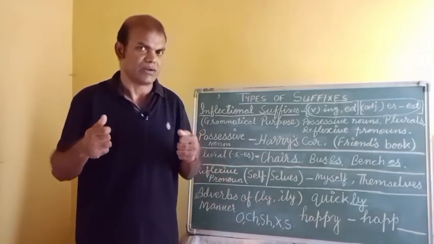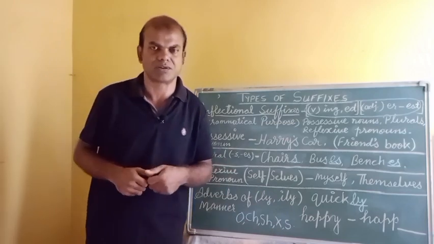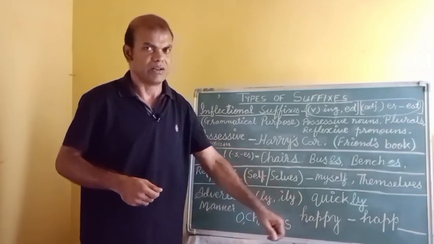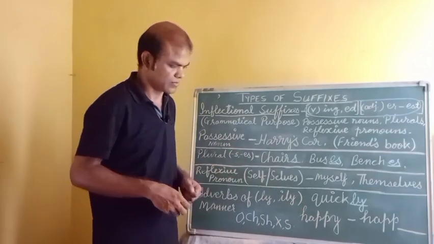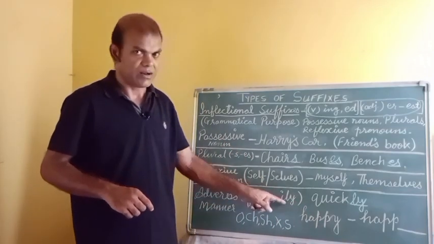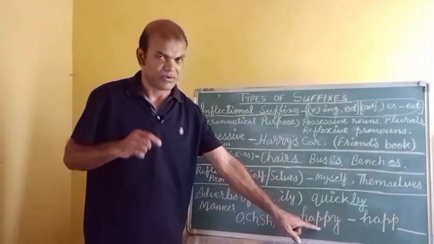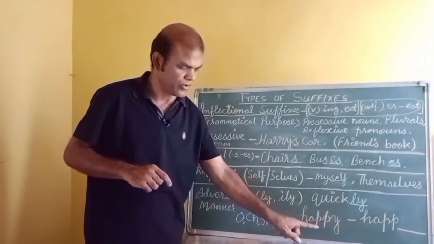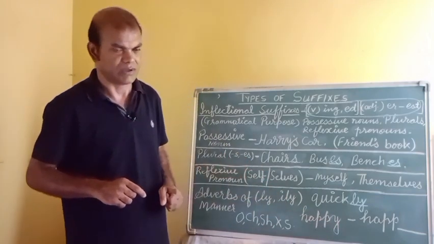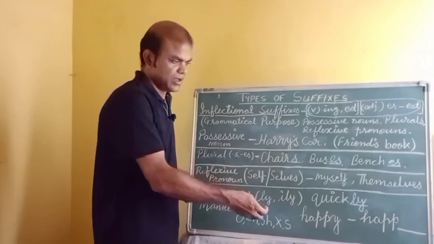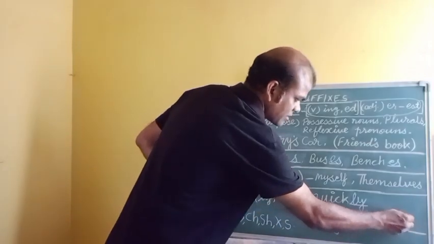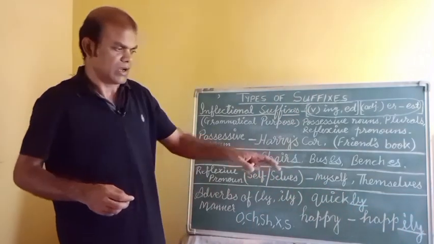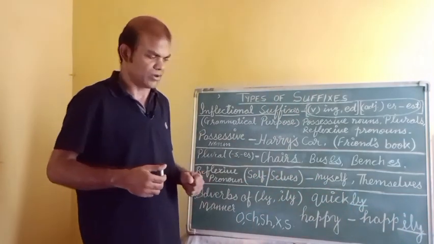If you haven't yet watched that video, you can go and watch it and you will understand the spelling rules better. Now to add ily to this word, first we are going to remove the y, because the y is following the consonant p. We'll remove the y and we'll write i, then l and y. So now we got the adverb happily.